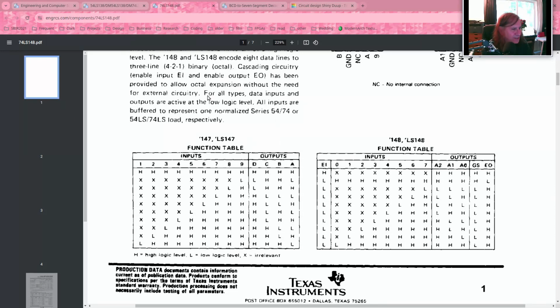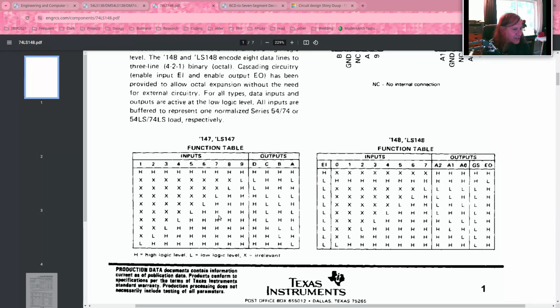And the purpose of this chip is to figure out, if we think of these inputs as having priorities, where input 9 is the highest priority, this circuit wants to find the highest priority input that is low. So if input 9 is low, 9 is the highest priority input that's low. If 9 is high but 8 is low, that's the answer to our question. 8 is the highest priority input that's low. And in that case, it doesn't matter what these other inputs are.